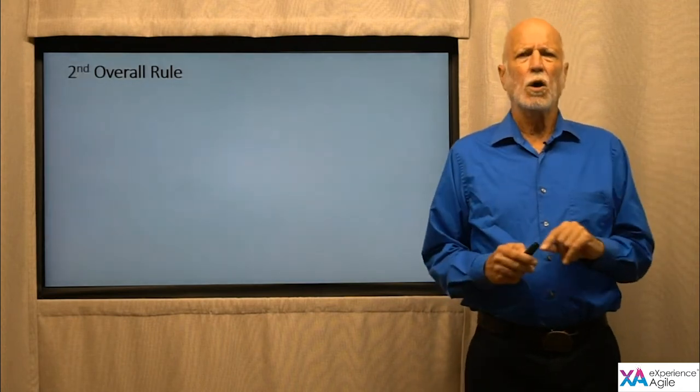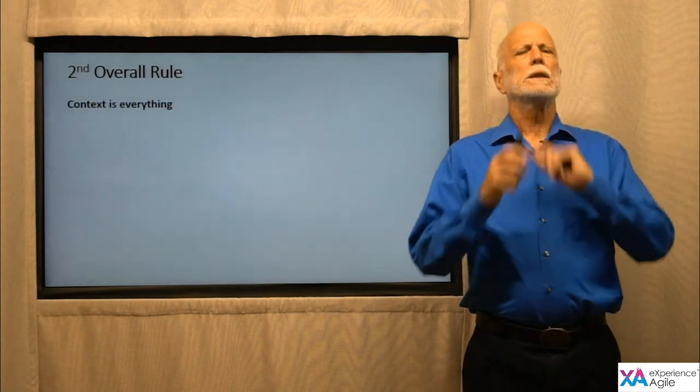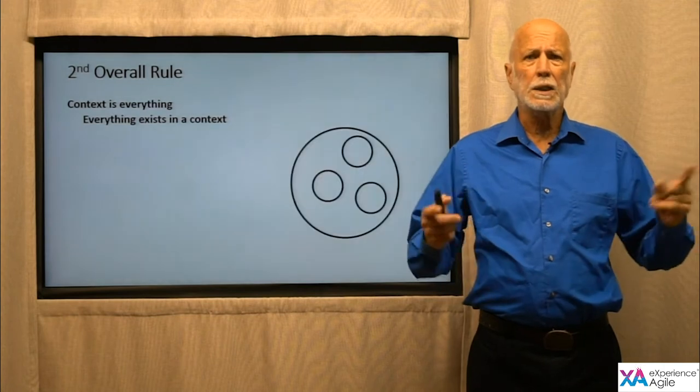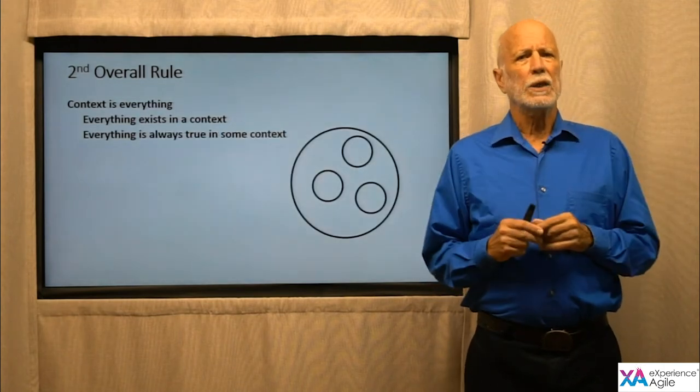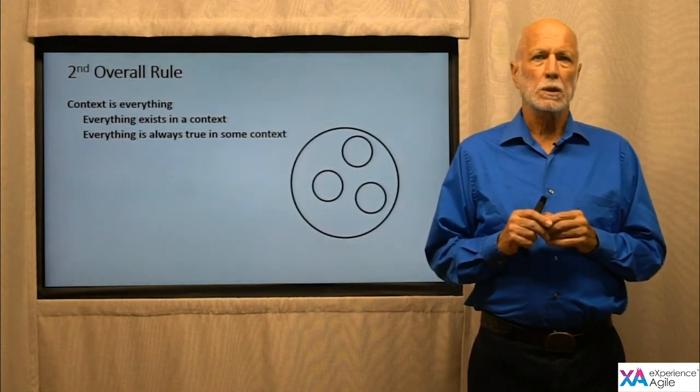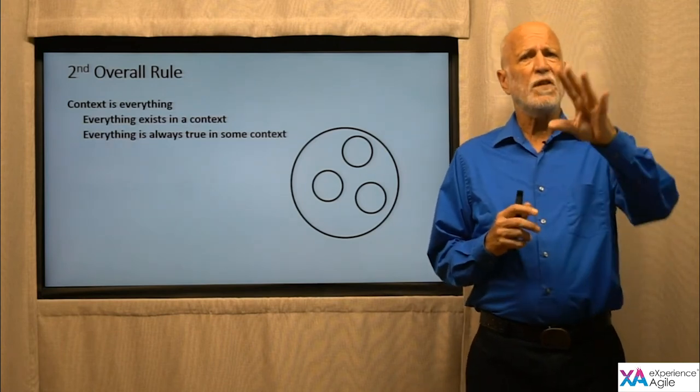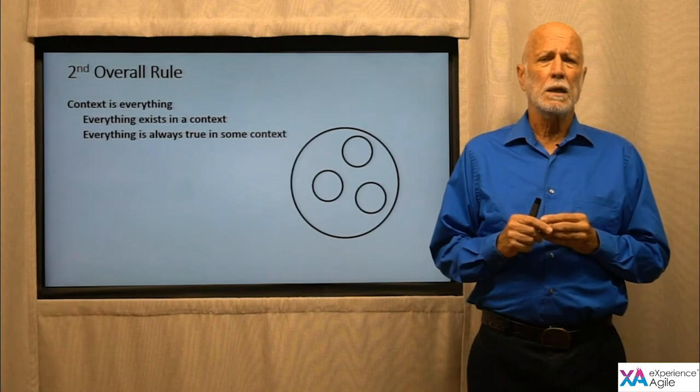And I have a second overall rule. Context is everything. Everything exists in a context, and everything is always true in some context. Take an example of Netflix. They do 15,000 deployments a day.